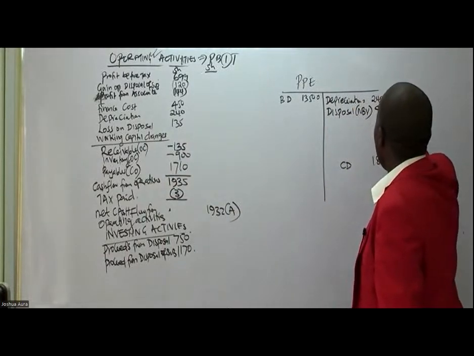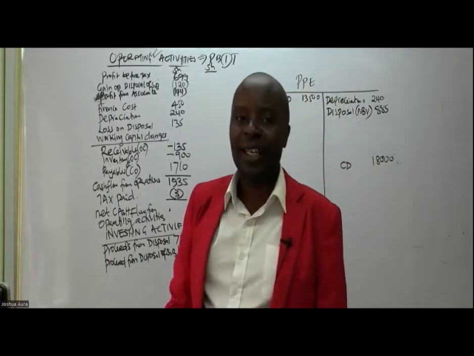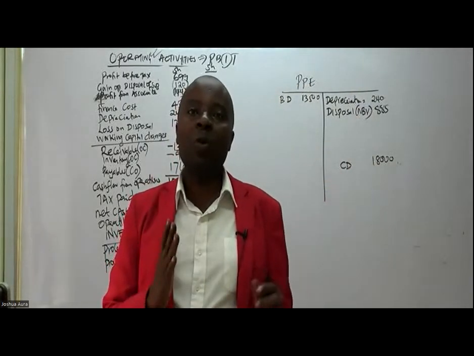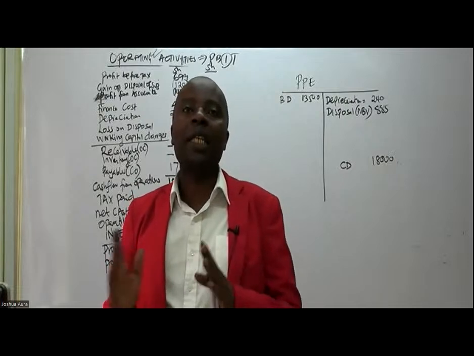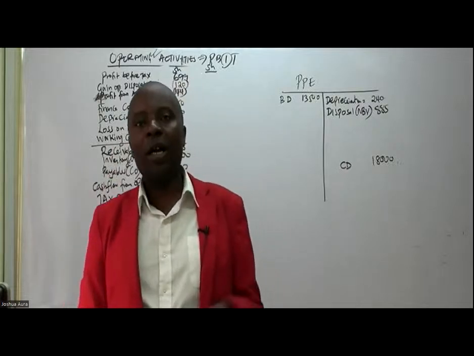Now, the other thing that will affect us is the subsidiary that was disposed. This subsidiary went away with some property, plant, and equipment, so it will reduce our value there.